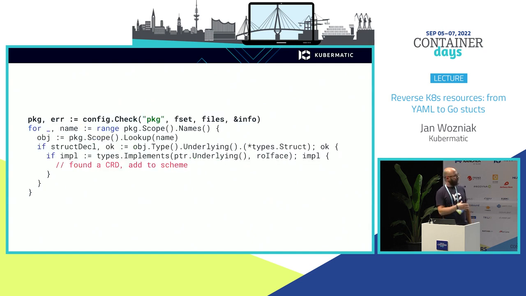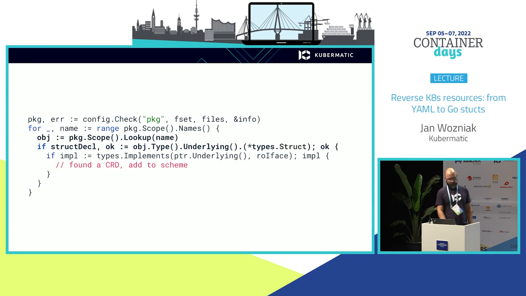So the algorithm, this is just kind of a gist of it. It's compressed a little bit to fit on the screen, but it's not much bigger than this. First, we initialize our AST parsing, and then we check for all of the files and resources there. We iterate over all of the symbols inside of the AST, and we do a lookup whether the underlying object of that certain symbol is a type of a struct.